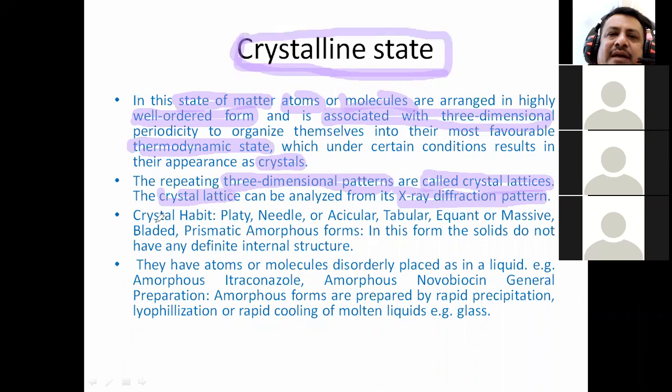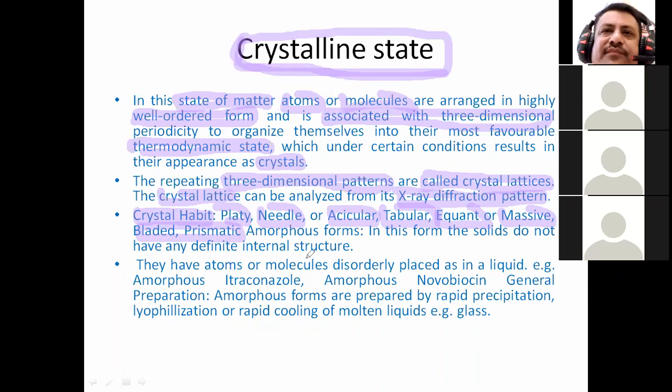The crystal habits, we have seen in the earlier part the various types, for example platy, needle or acicular, tabular, equant or massive, and bladed. These are some examples of crystal habit.